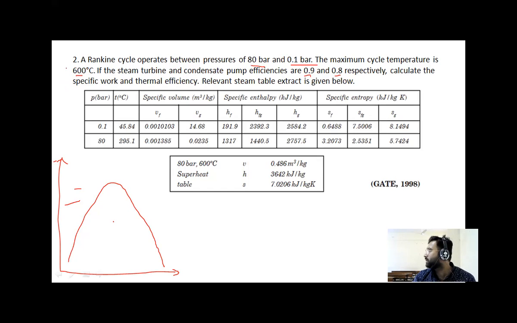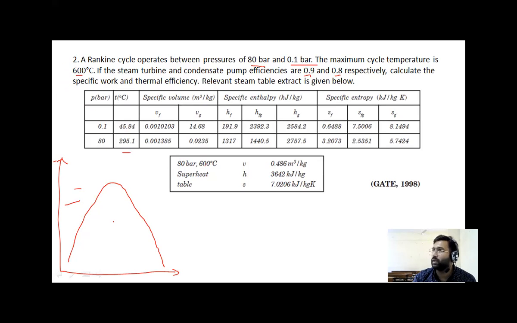So just to check, what is the saturation temperature at 80 bar? Yes, it is given, 295.1. And the given temperature of steam is 600 degrees Celsius.